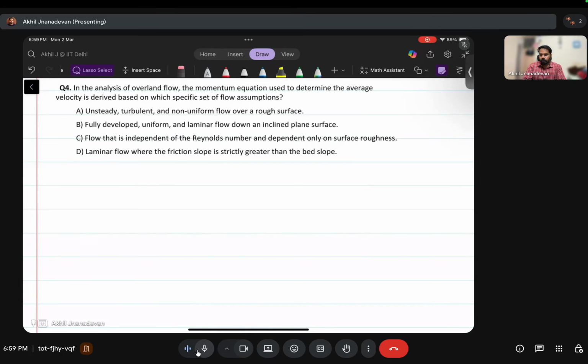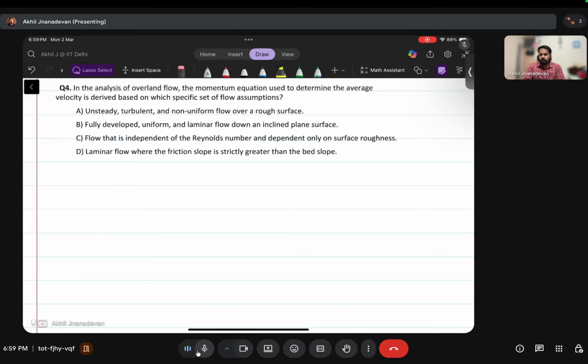We'll be using the RTT, that is, the Reynolds transport theorem, to derive these expressions. We'll be applying this for the mass conservation and also the momentum conservation. Then we'll come up with the equation that can be used to model this particular process.